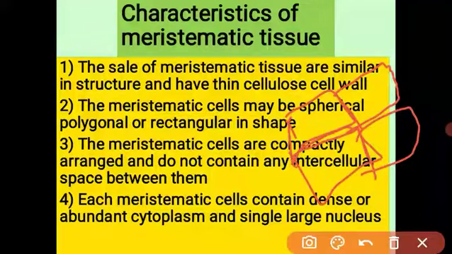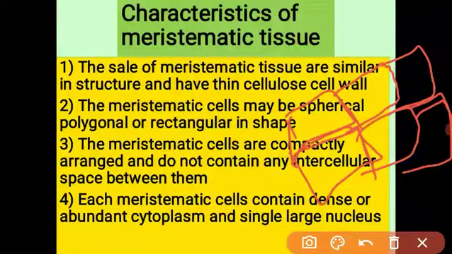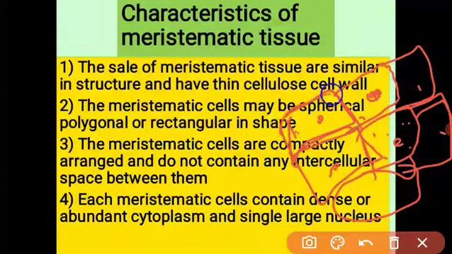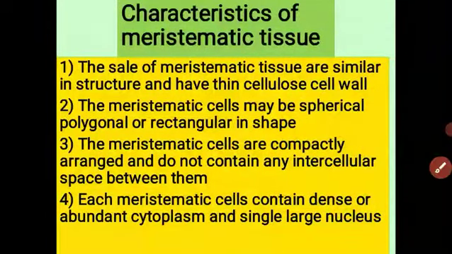They are compactly attached to each other. There is no intercellular space present between the cells. The nucleus is centrally present. Cytoplasm is also present in it. The cell wall is thin and made from cellulose. These are the characteristics of the meristematic tissue.